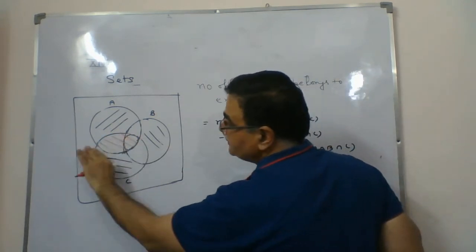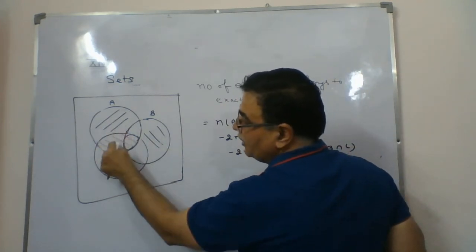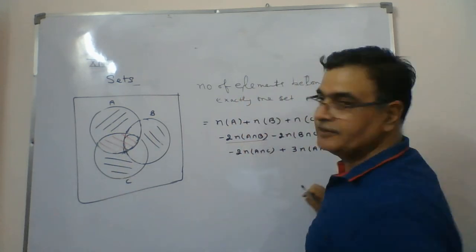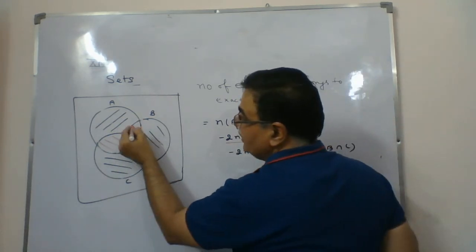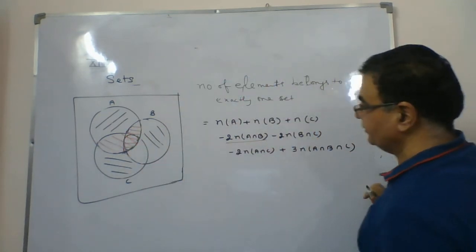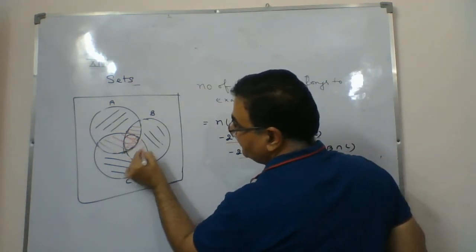And we don't want this at all. But actually you have counted this twice, one in this and one in this. So twice N(A intersection B) we have subtracted. This portion again came twice and we don't want this, so we have subtracted this. Same way A intersection C is also subtracted here.